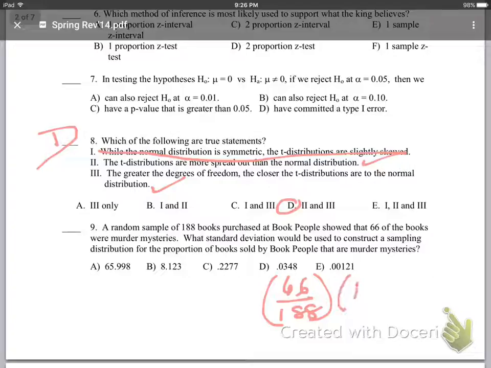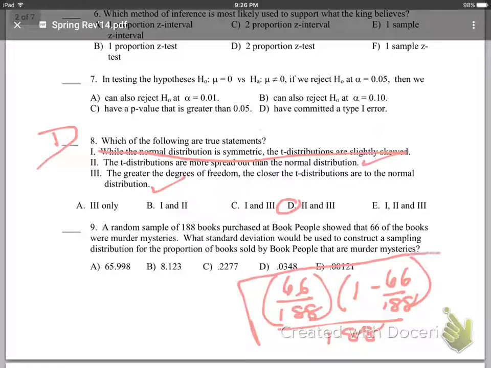Then Q is going to be 1 minus 66 divided by 188, all divided by 188. Boy, you remember this? This is from a long time ago. And then I take the square root of that. See, I already did the math for this, and so my answer is going to be D. Okay?